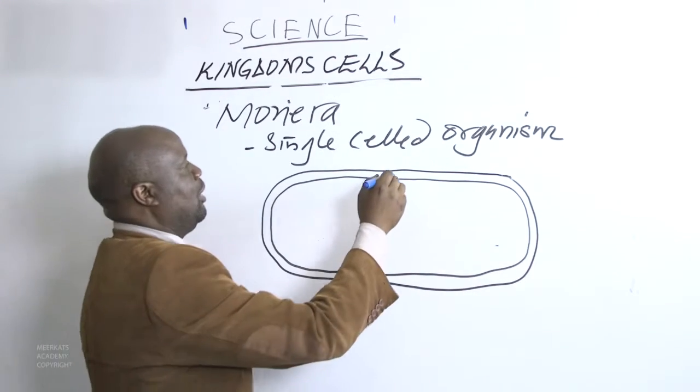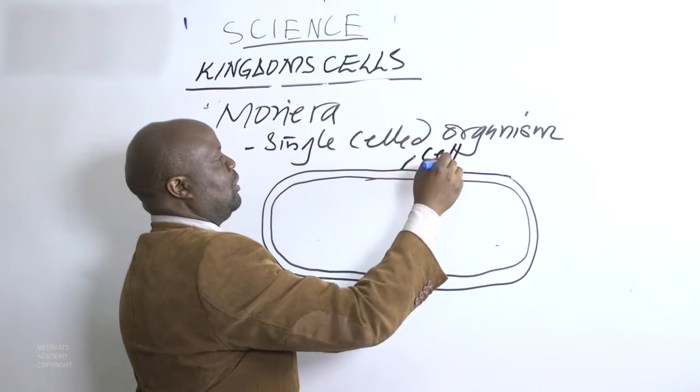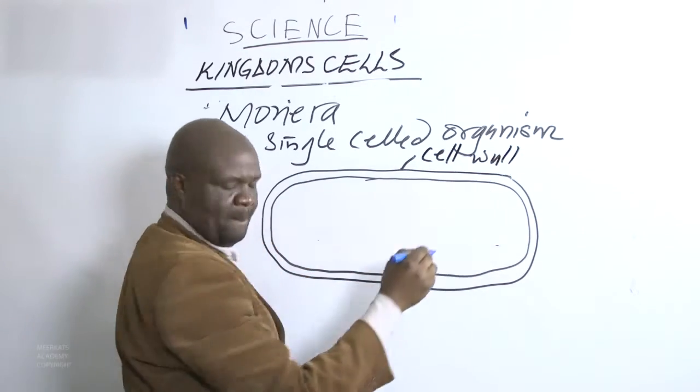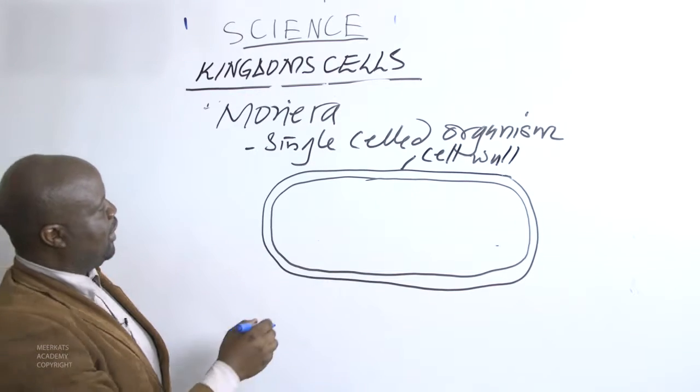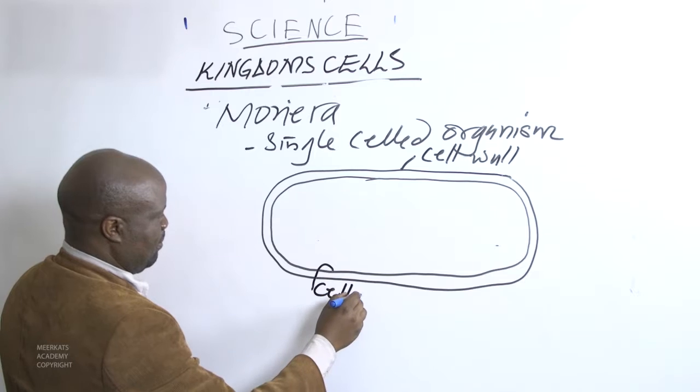Now, the outer covering is the cell wall. Then inside the cell wall, we have the cell membrane.